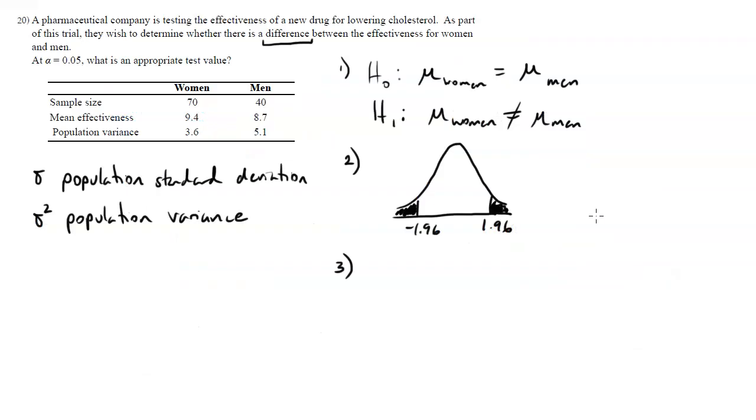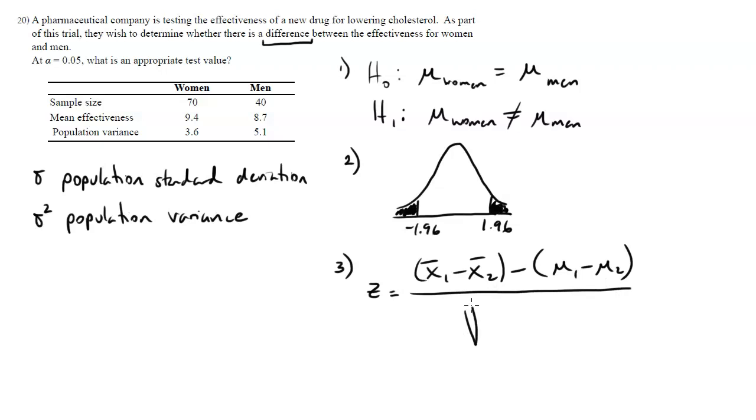Okay? So here's the formula. Z equals x bar 1 minus x bar 2 minus mean 1 minus mean 2 over the square root of sigma 1 squared divided by n1 plus sigma 2 squared divided by n2.